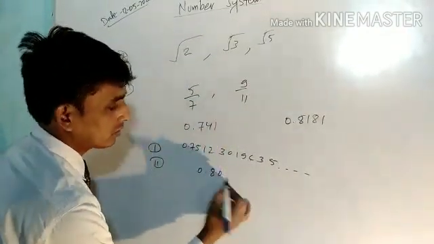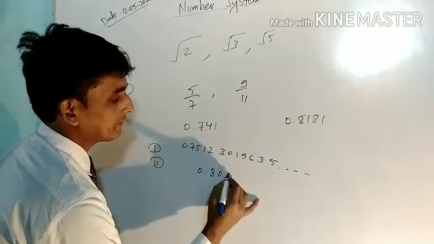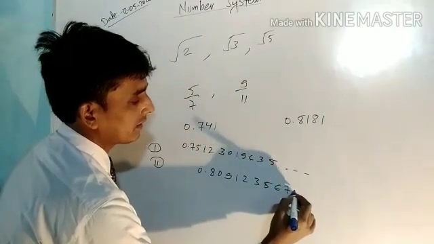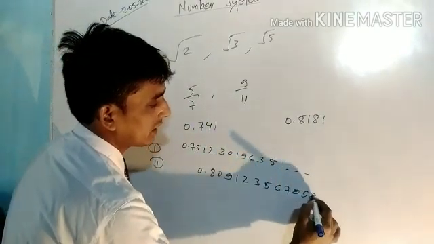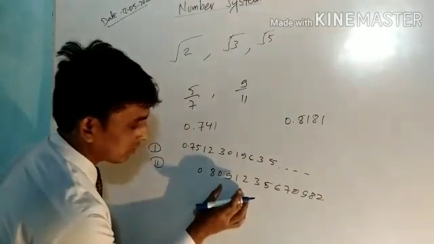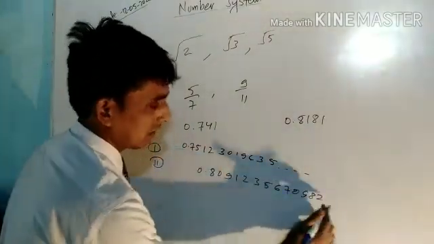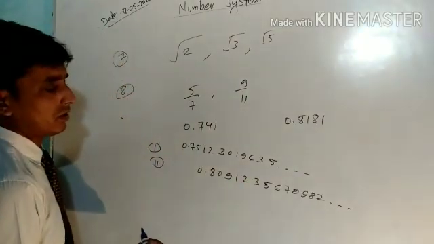Suppose I give 0.8 9, 1 2 3 5 6 7 0 9 8 2. There is no pattern, it is not repeating, and the number goes on.